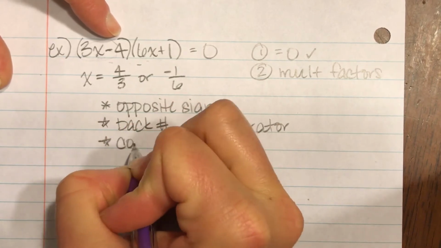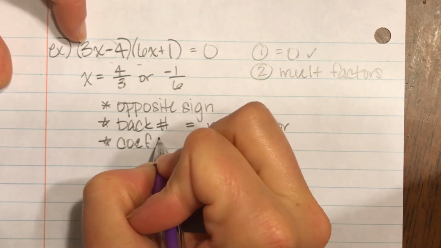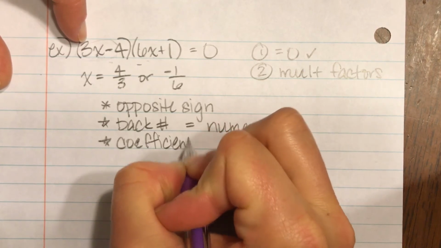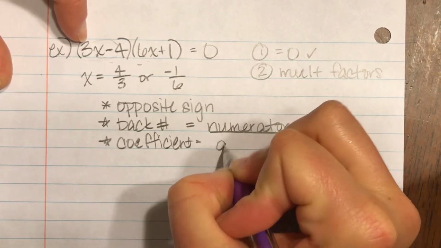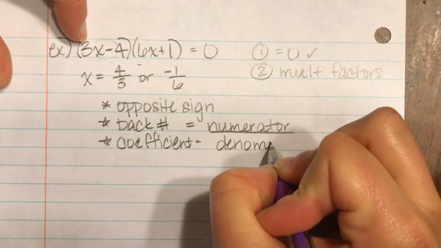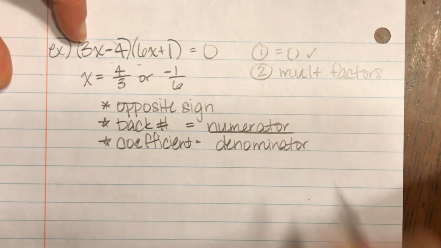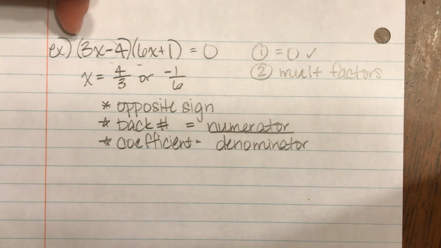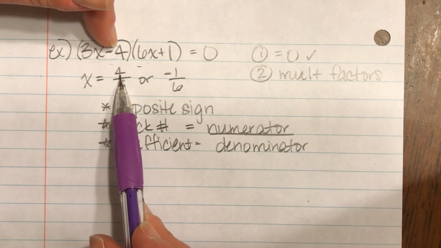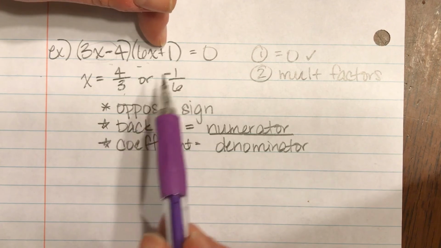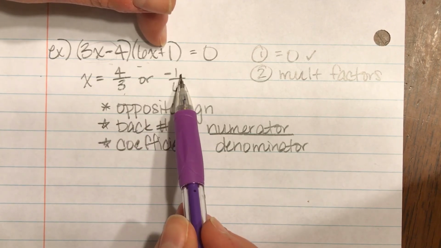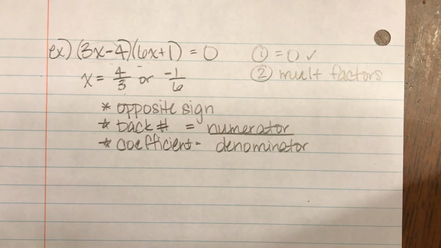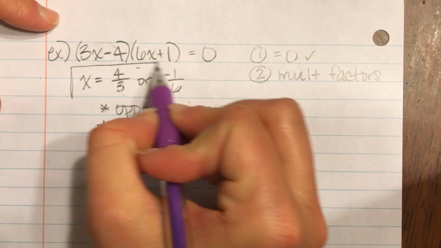The coefficient, the number in front of x, equals the denominator. All right, and you'll see some more examples in the second video, but that's the basic process. If it's a tricky factor, then you just take the opposite of 4, positive 4 over 3. Negative 1, to do the opposite, over 6. And that's kind of the shortcut way to do the tricky ones, okay?